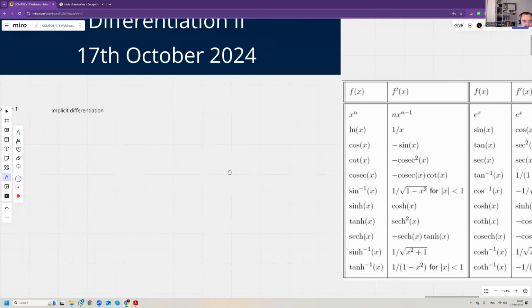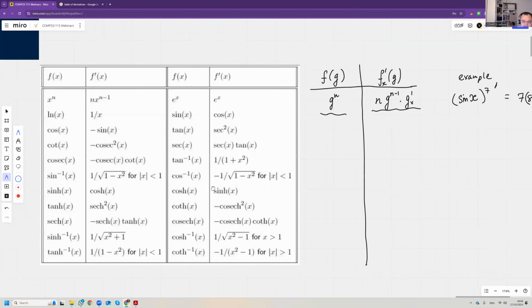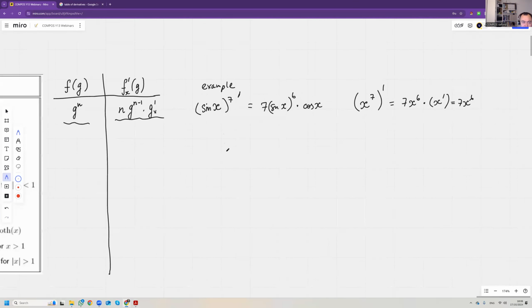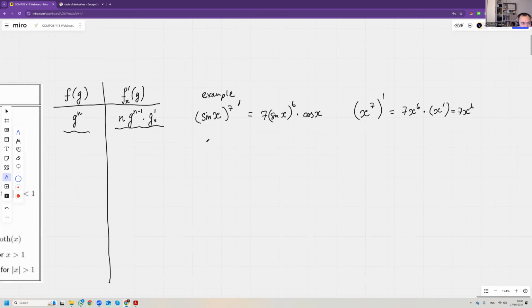So that means if you are doing x to the power 7 derivative, that's 7x to the 6 times x prime. But x prime is 1, of course. But once you realize this, it's a really easy step to go from y to the 7 being 7y to the 6 y prime.